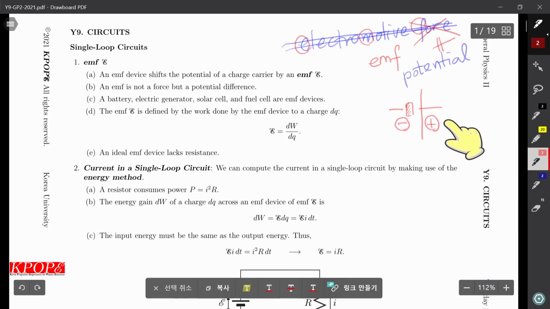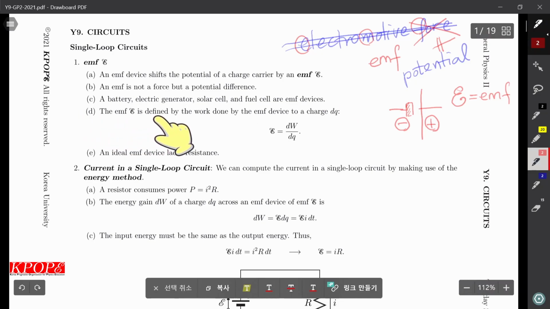So the electrostatic potential of the positive terminal is higher than that of the negative terminal by E. That is EMF. An EMF is not a force but a potential difference. A battery, electric generator, solar cell, and fuel cell are all EMF devices.